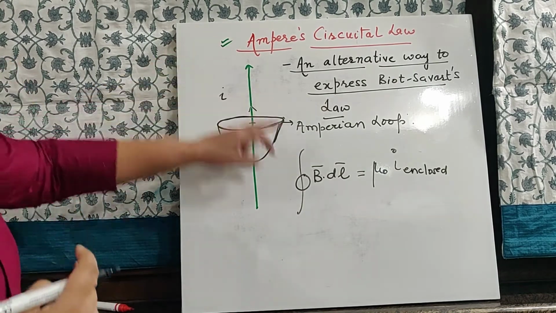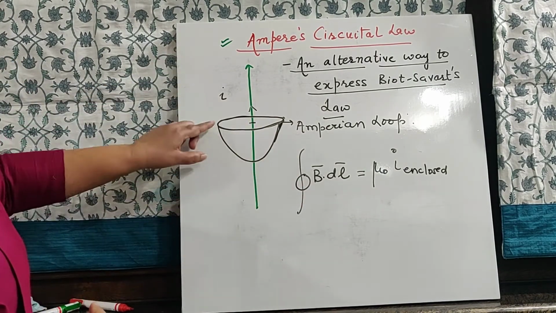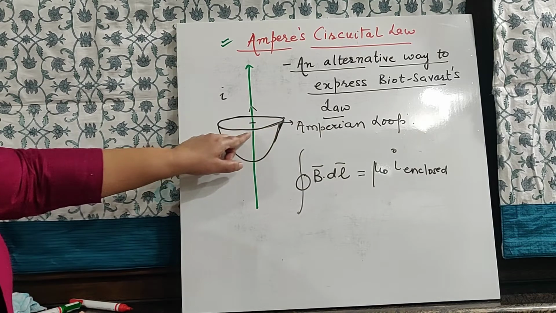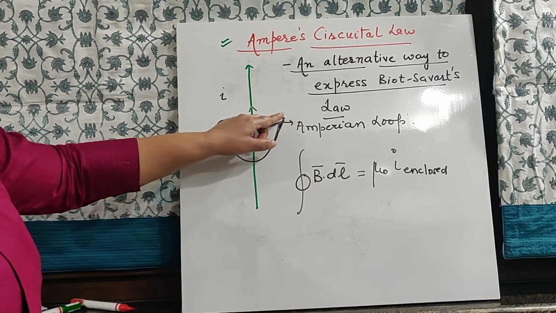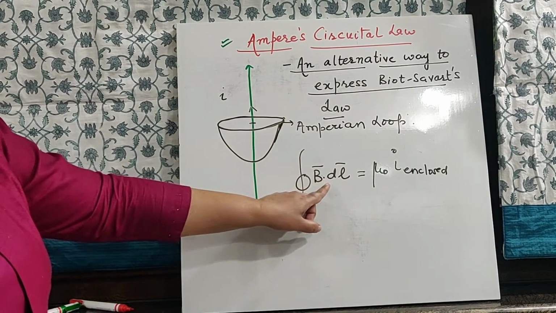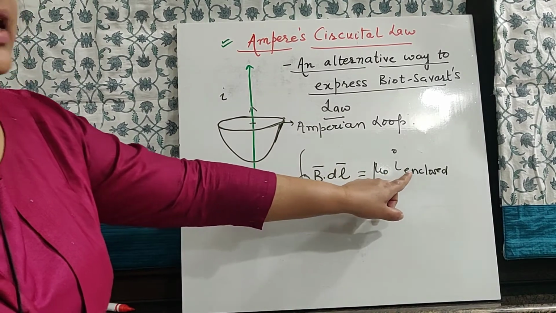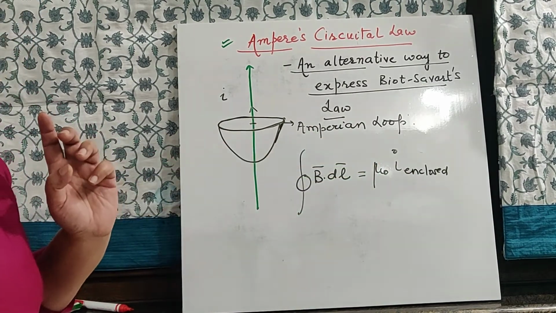So this is Ampere's circuital law: you have a surface which is open, and this open boundary is a loop like this. So B dot dl is equal to mu naught times the current enclosed by the loop.